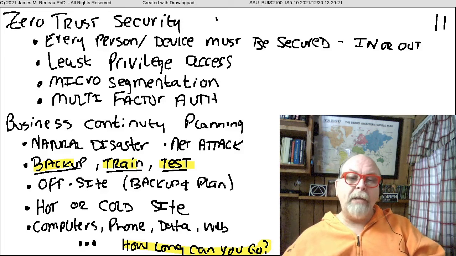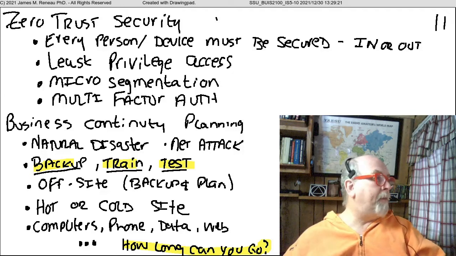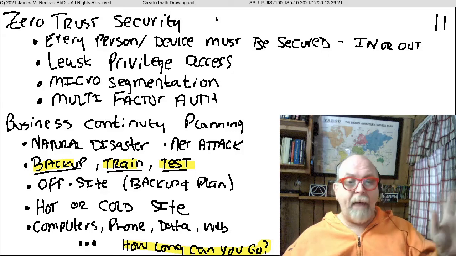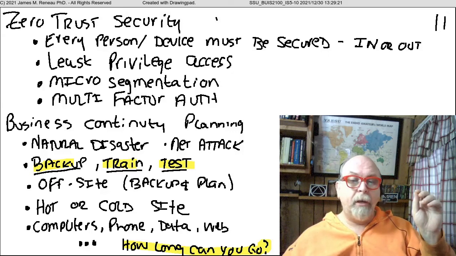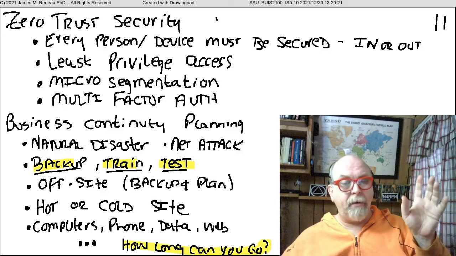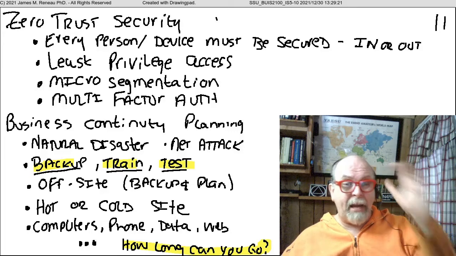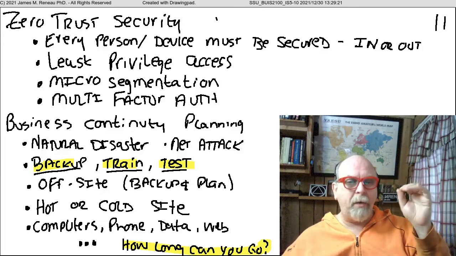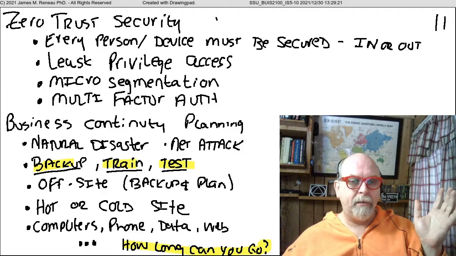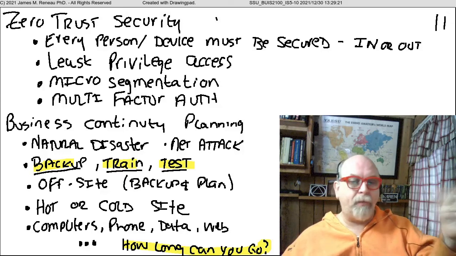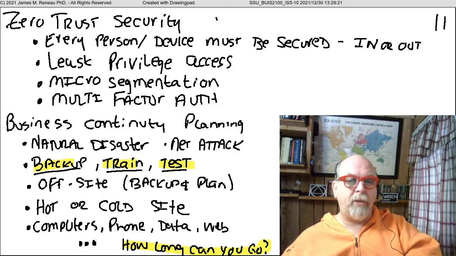Some organizations have what's called a hot site, where they literally lease or own a computer system that's running a live backup and actually a full duplicate of their data servers and of their data that they can switch to in a matter of seconds. Literally just flip a switch and the network then starts routing things differently.